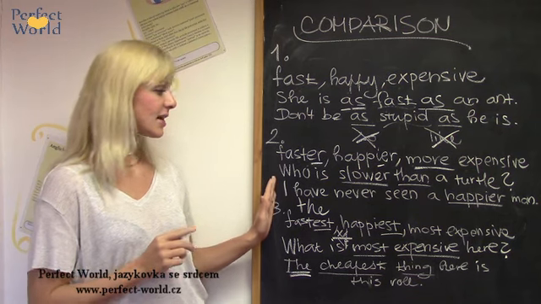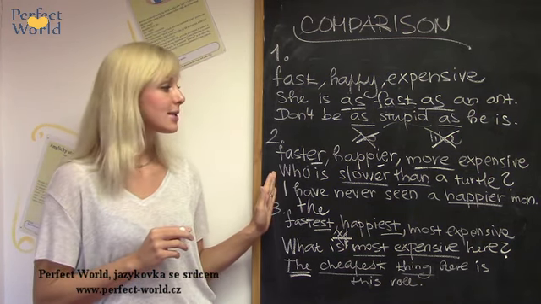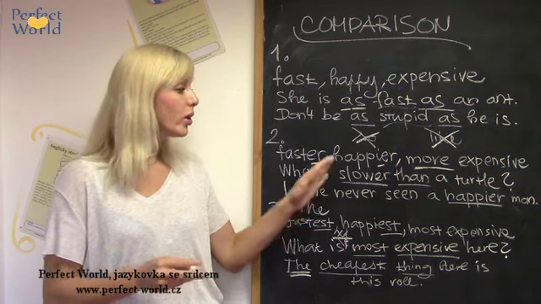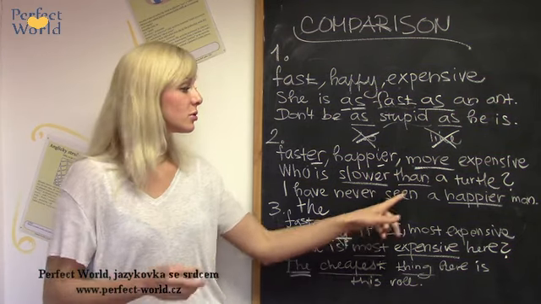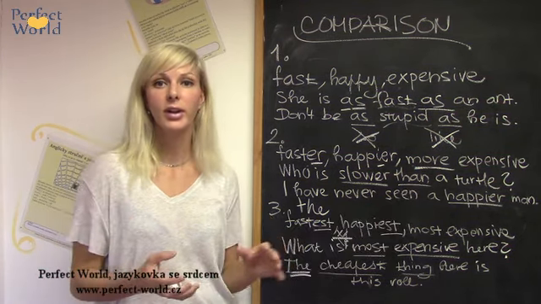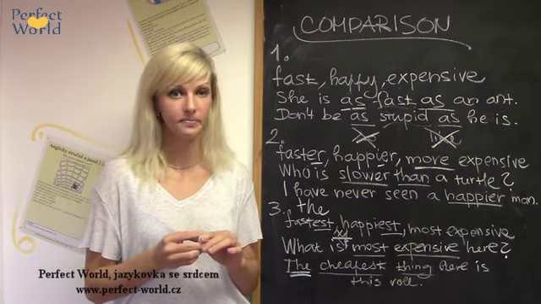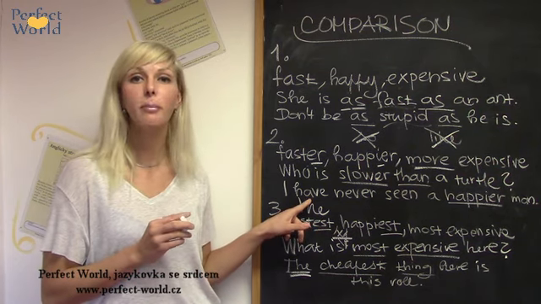Okay, let's have a look at the examples. We have two here, and the first one sounds, who is slower than a turtle? So the word "than" really collocates with the second grade of adjectives. The next one is, I have never seen a happier man.